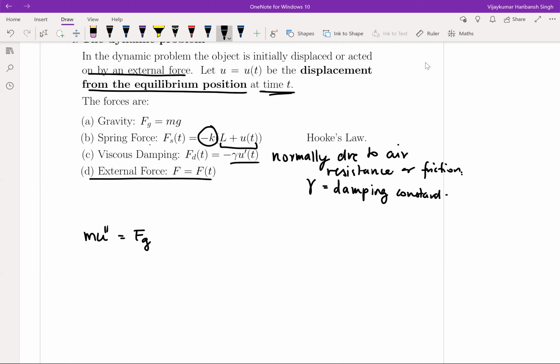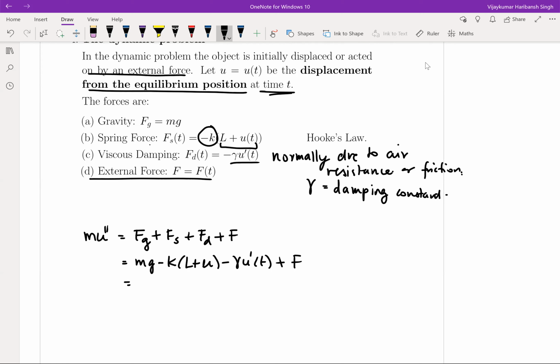Mass into acceleration is the force, and that force is the sum of all these forces: Fg plus Fs plus Fd plus F. So that is going to be mg minus k(L plus u) minus lambda u'(t) plus a force F. We don't know what that force is. It could be any external force.